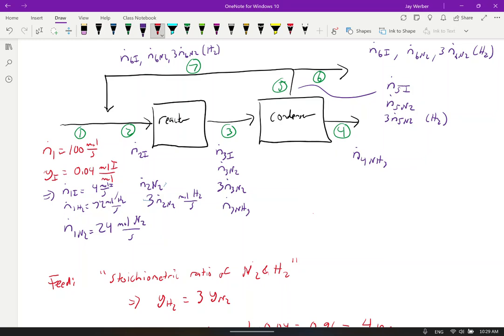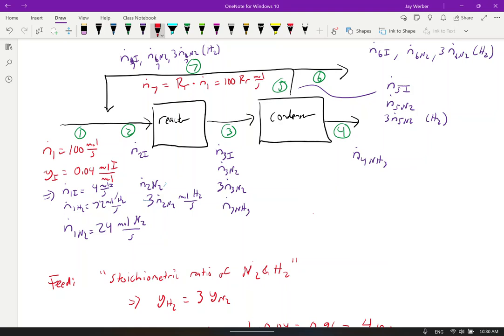And the other thing we know about stream 7 is that it is equal to RR times stream 1, or 100 RR moles per second. Okay, but we don't know what RR is. This is a variable that is still sort of undefined.